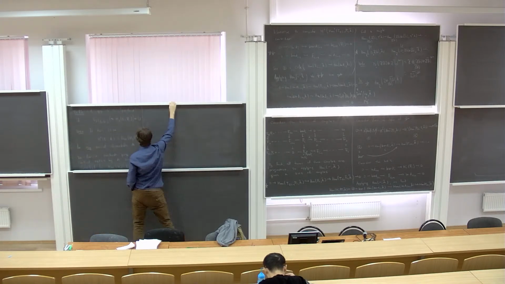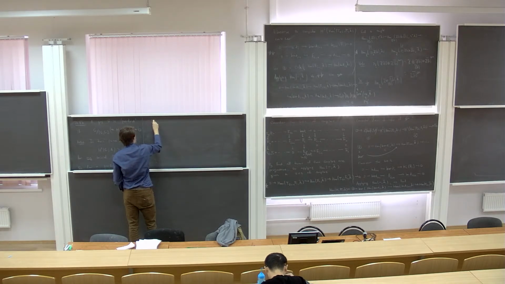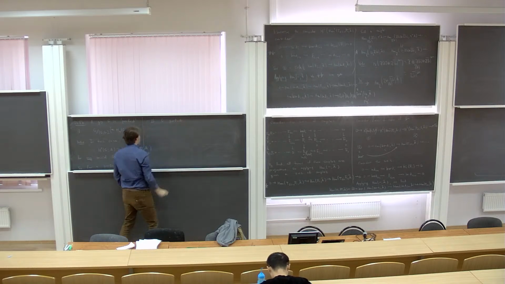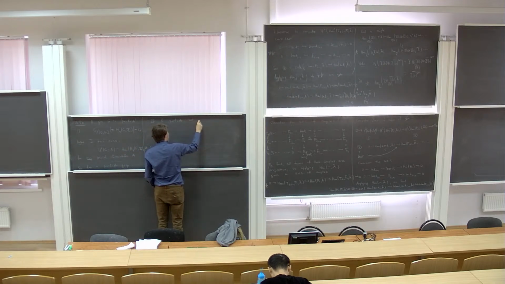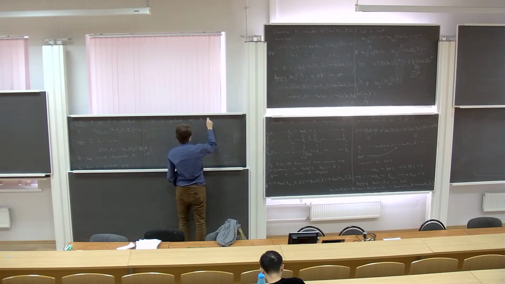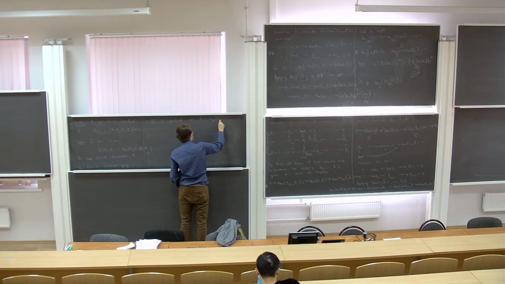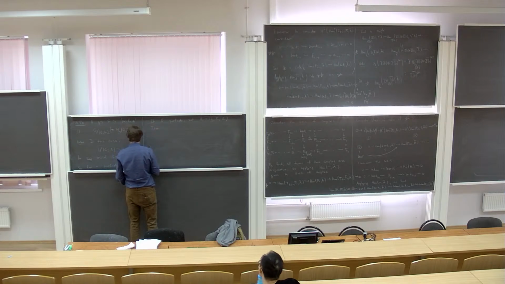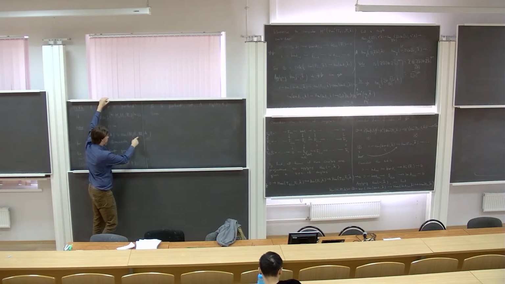Okay. So if G is perfect, set A to be H2 with integral coefficients. And then there's a special central extension.